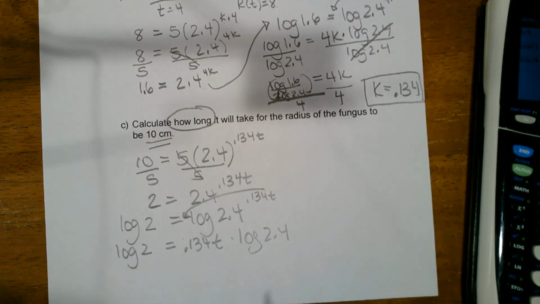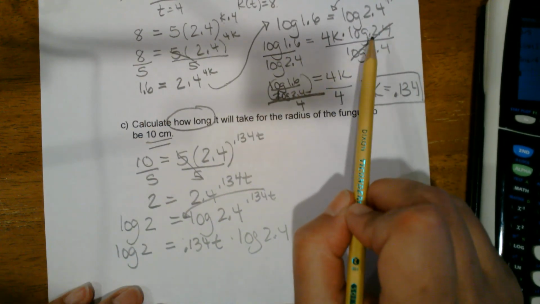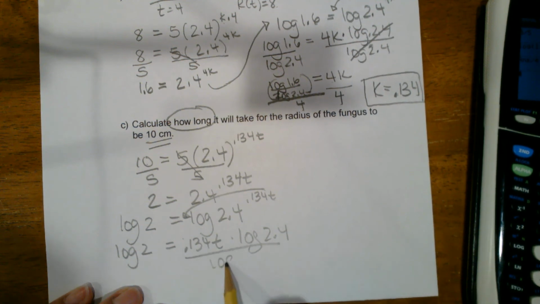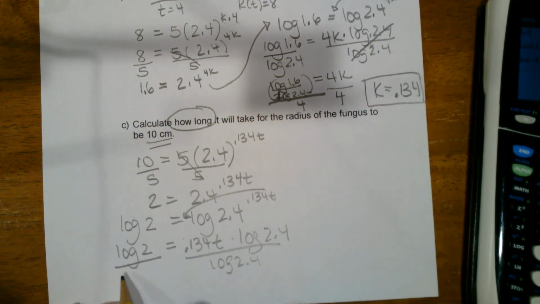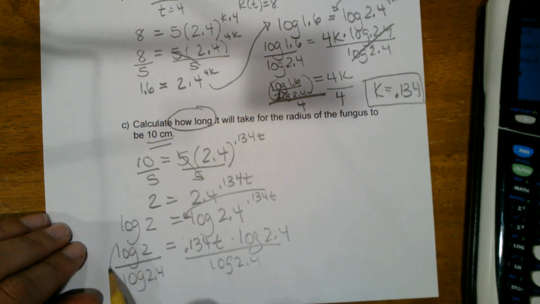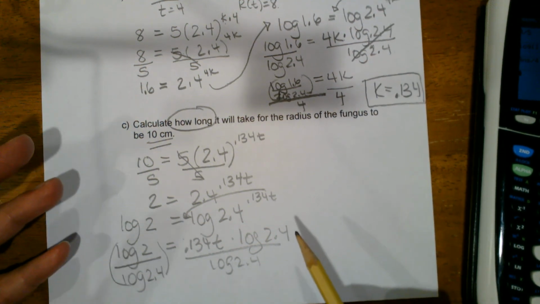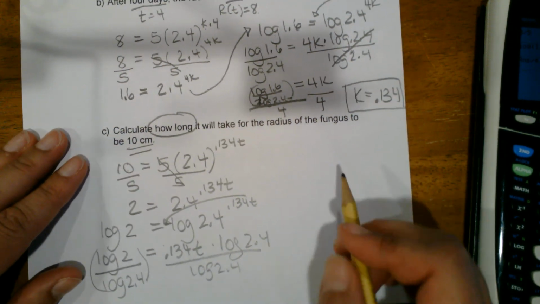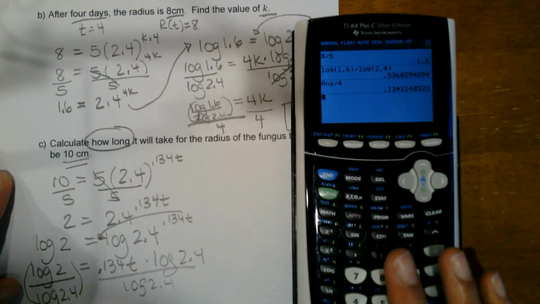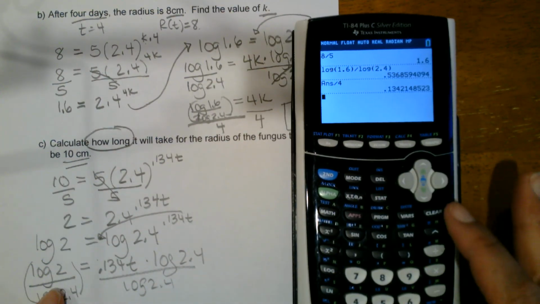Hopefully you're seeing we're doing the same thing over and over. What's coming next? The division. Get this log of 2.4 out. We can do this absolutely fine, so let's just do it. Let's clear this out.